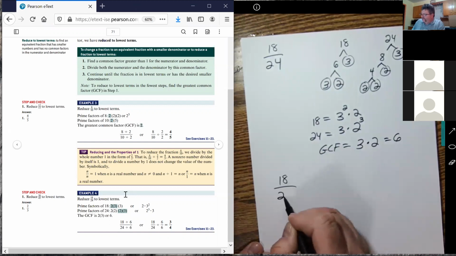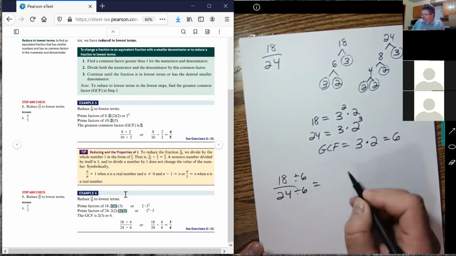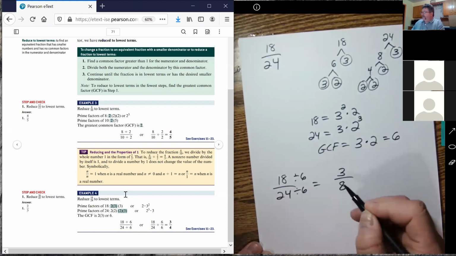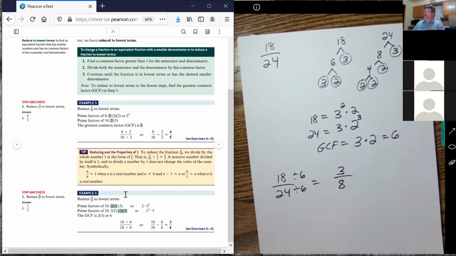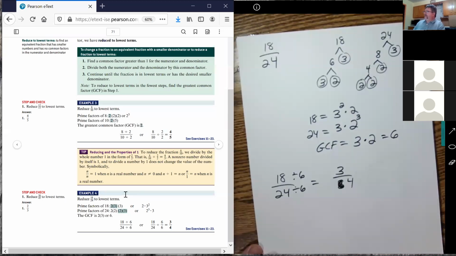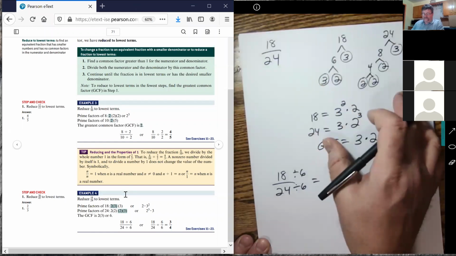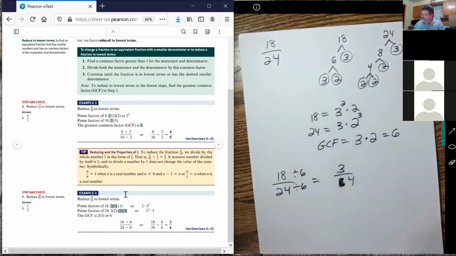And once I do this next step, which says divide by 6 and divide by 6, I'm going to be done. 3 over 4. I can't do anything else. Done. So the legwork to find this takes time, but then boom.